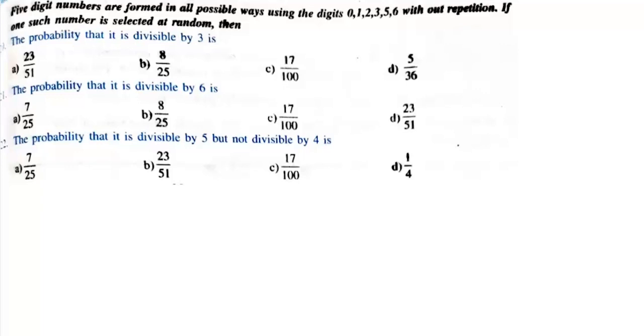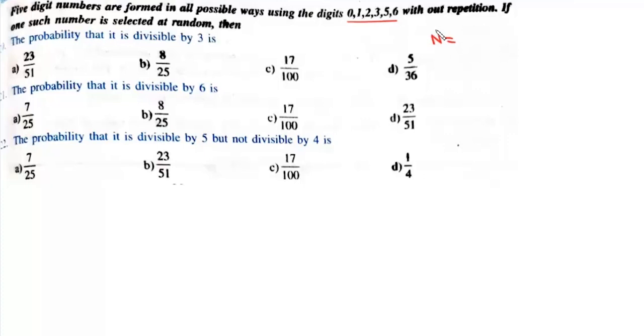Now the question is, 5-digit numbers are formed in all possible ways using the digits 0, 1, 2, 3, 5, 6 without repetition. If one such number is selected at random, find the probability that it is divisible by 5. Now first we'll find how many 5-digit numbers altogether can be formed from these digits.